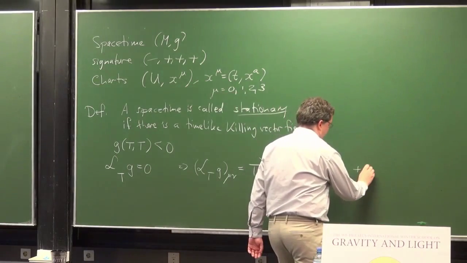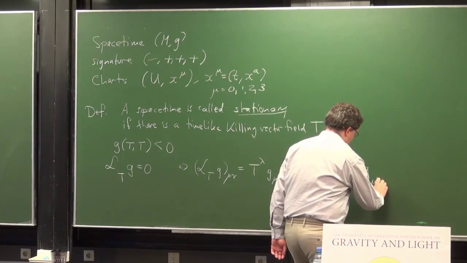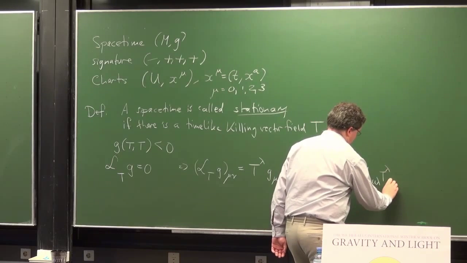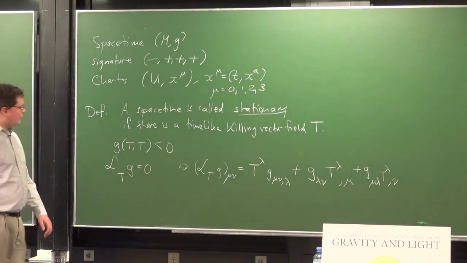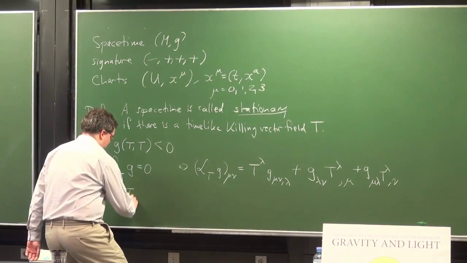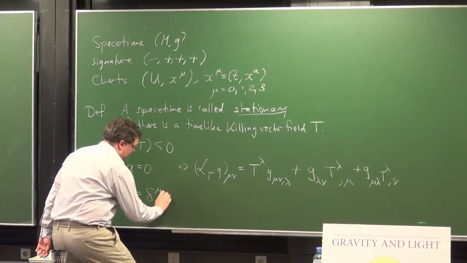And of course you get two terms, like that. Right. Now let's suppose for our Killing vector field we choose coordinates in such a way.